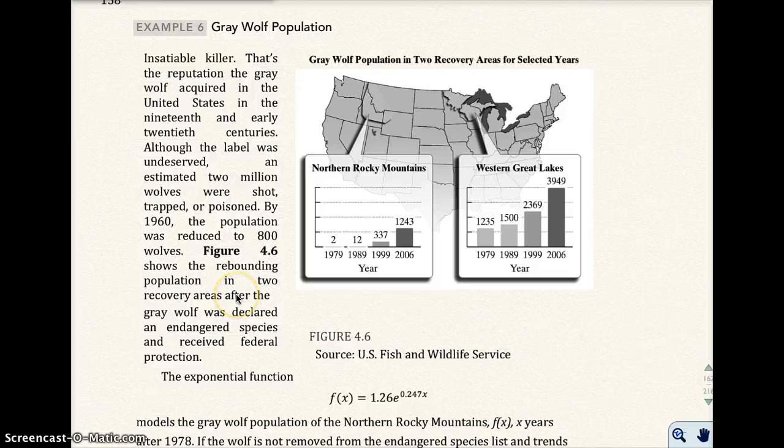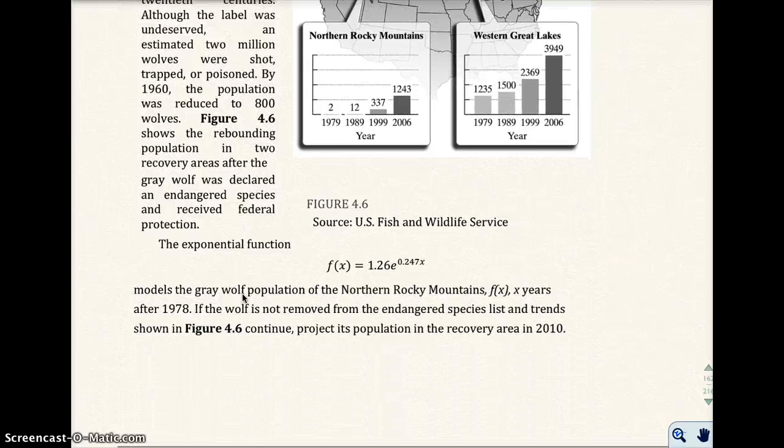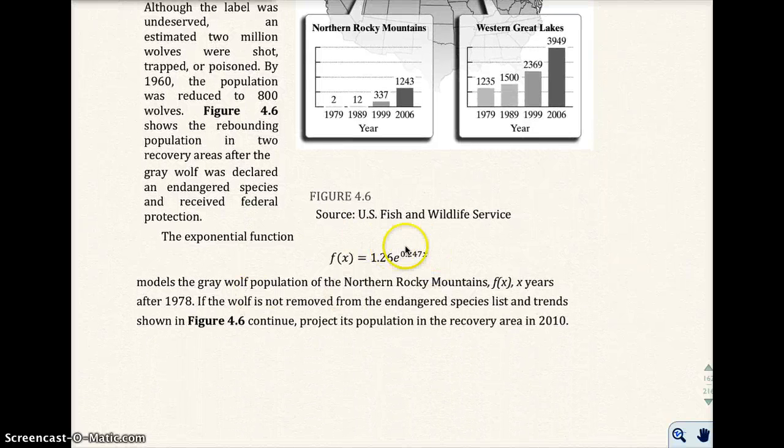With exponential functions, you might notice that in all the graphs we looked at previously, once you see the graph go up, it shoots up pretty quickly at a very fast rate. That happens with population growth a lot. When the population starts to recover, it just shoots up exponentially. So here is the function that models the population x years after 1978.